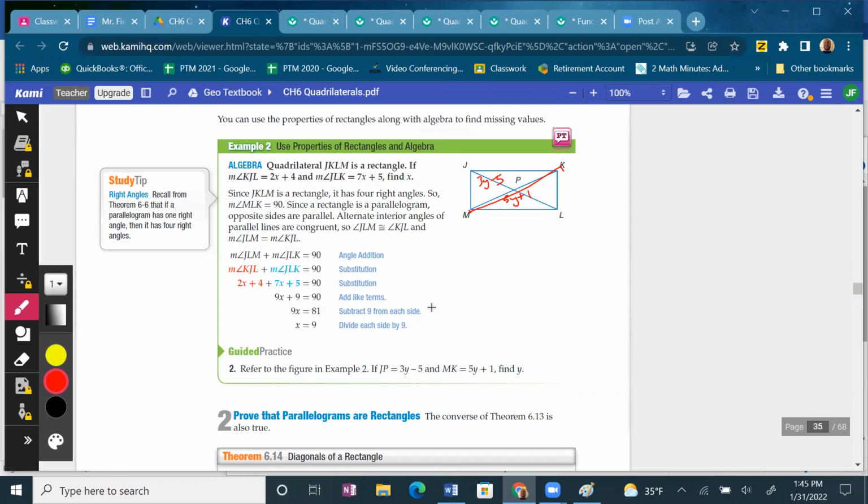All right, so we know that 2 JPs is 1 MK. So you write that: 2 JP equals MK, because MK is the whole diagonal, JP is just half. So now, substitute in.